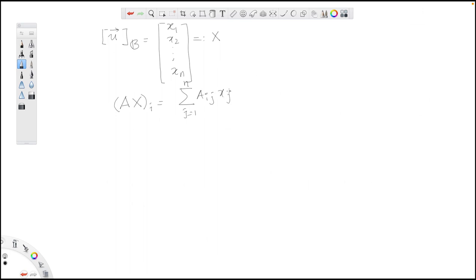This is what we have seen. So now the vector Tu, we have seen that Tu according to equation number 3 is this.